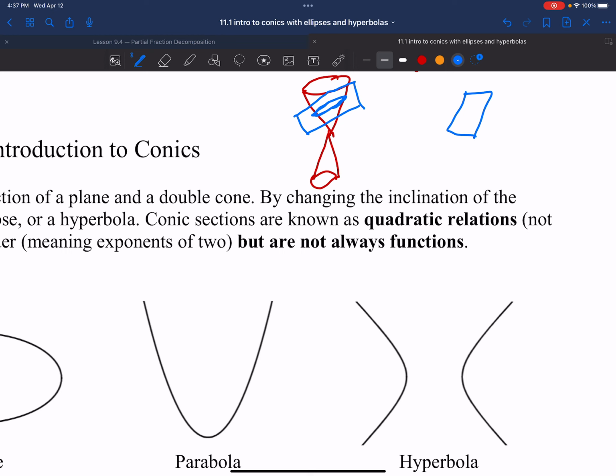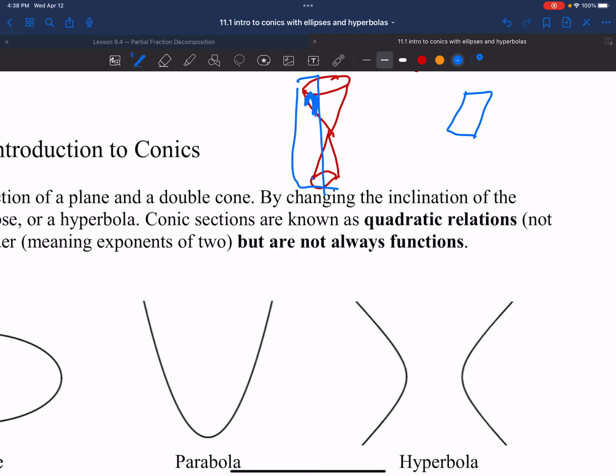And then if I make a cut that's still diagonal, but it goes through the edge of the cone like this, this is going to end up making a parabola. So the parabola actually comes from here. And then if I make a vertical slice, a vertical plane, this is going to end up creating what's known as a hyperbola.